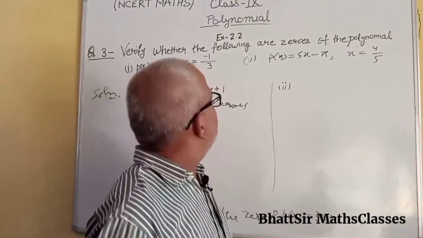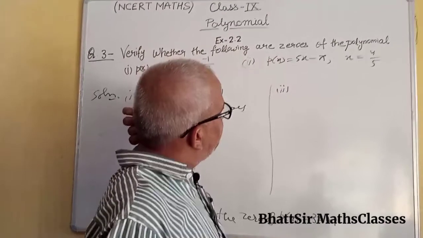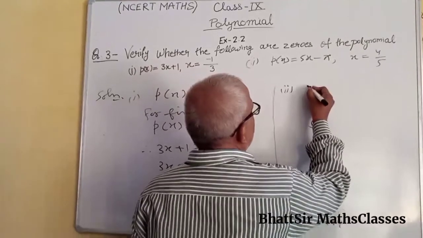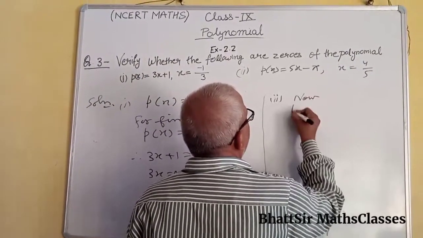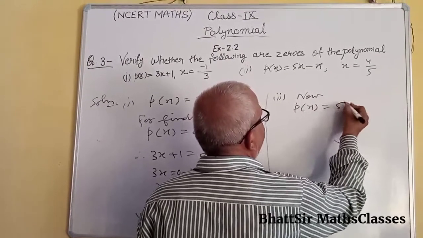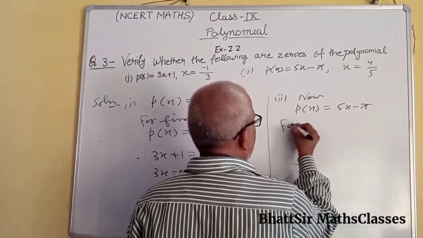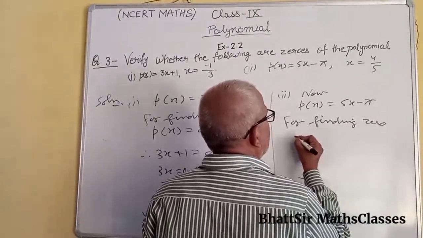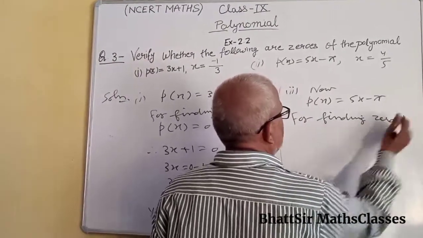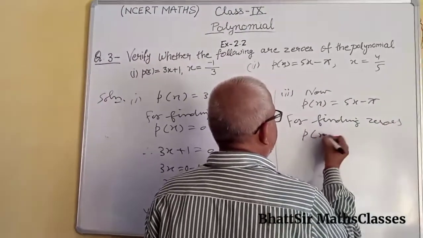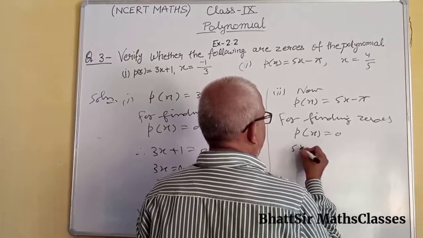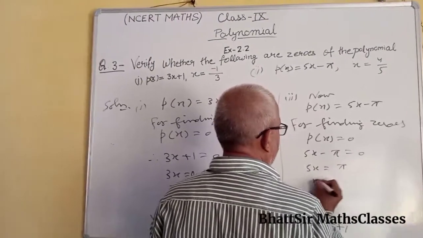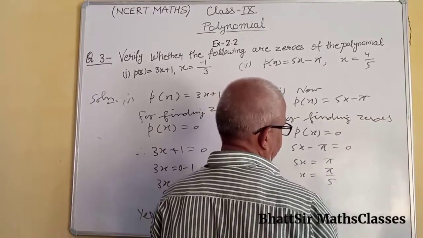Now I am giving the solution of the second part of question number 3 from exercise 2.2, chapter polynomials of 9th standard. For finding zeros, the polynomial is P(x) equal to 5x minus pi. P(x) equal to 0, it means 5x minus pi equal to 0, 5x equal to pi, x equal to pi upon 5.